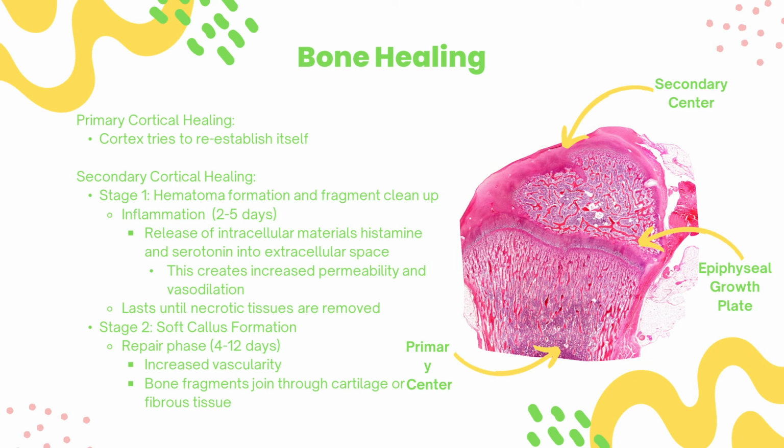And like I said, the intracellular materials, the histamine and the serotonin, get released into the extracellular space, increasing the permeability of the tissue, bringing on more leukocytes through the vasodilation. And then all of the necrotic tissue during this inflammatory phase, the hematoma formation phase, starts to get cleaned up and removed out of the area.